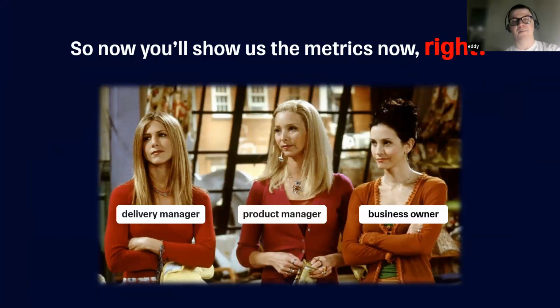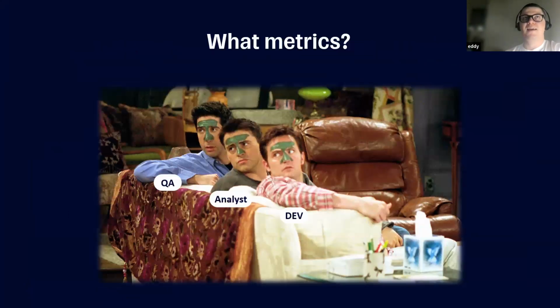Especially people like business owners, product managers, and delivery managers really like to think that everything should be measured. But not today. But I will show you one metric that I think is really important, and it's really vivid. It shows what result we had after implementing this shift left testing approach.